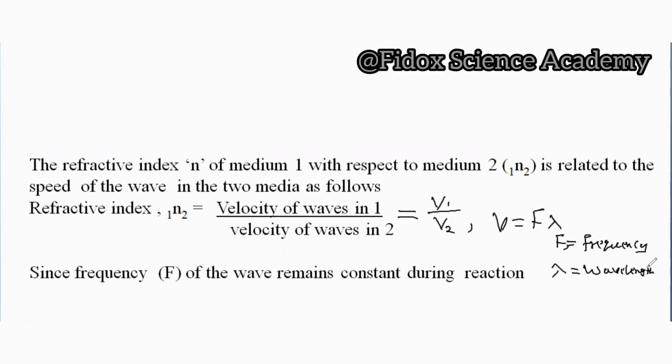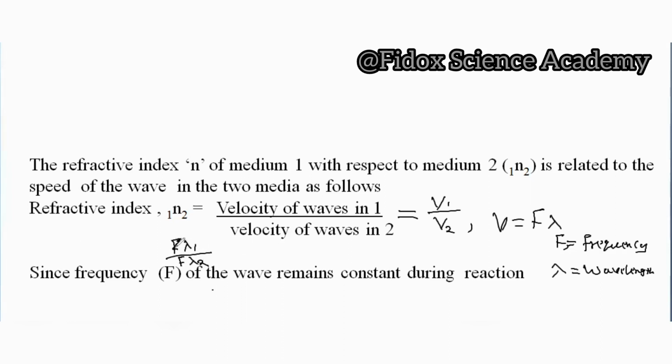So if velocity is equal to frequency times wavelength, then we can also represent the velocity in medium 1 all over velocity in medium 2 to be equal to f lambda 1 all over f lambda 2.